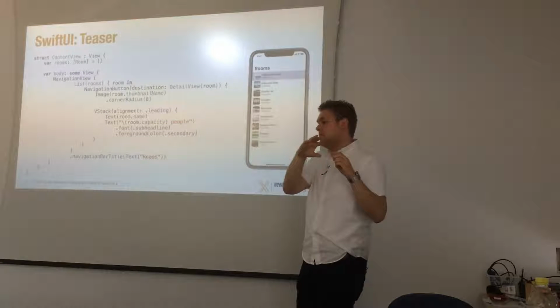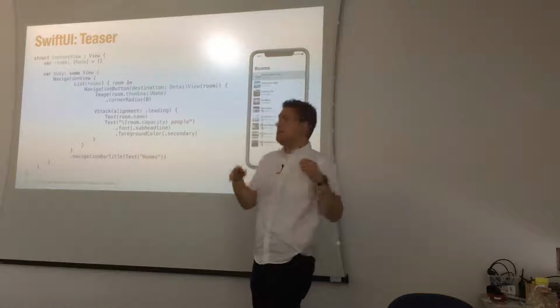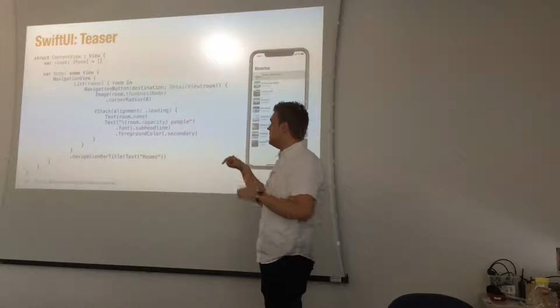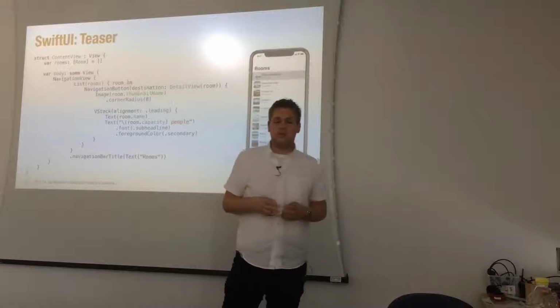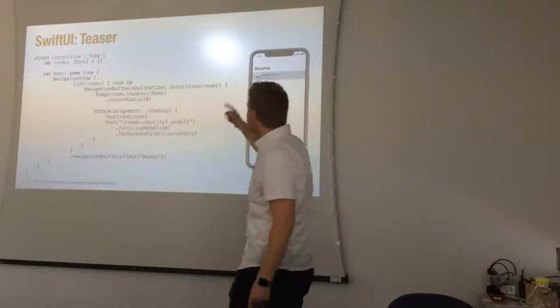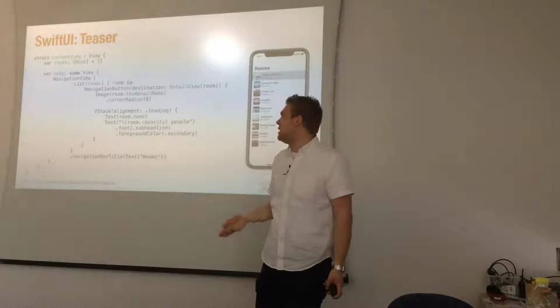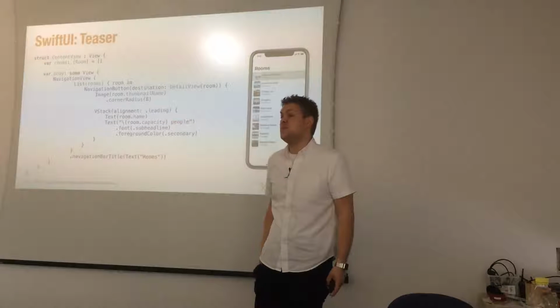So it's like tableView cellForRowAt indexPath, and then let room be the room at indexPath.row, and then you would set the text values of these different labels. So yeah, it's like 60 lines of boilerplate code, right?